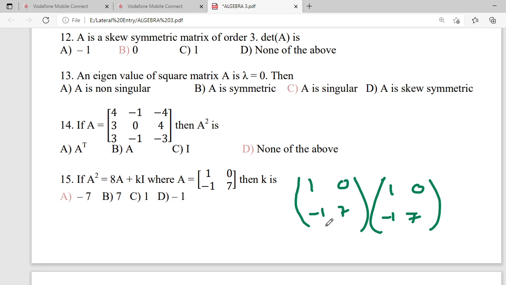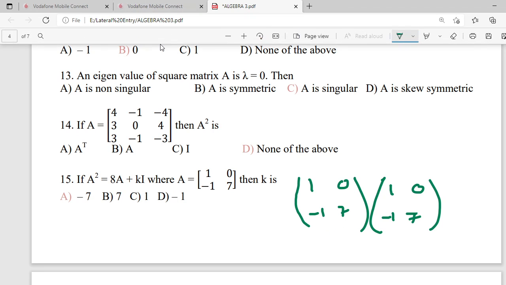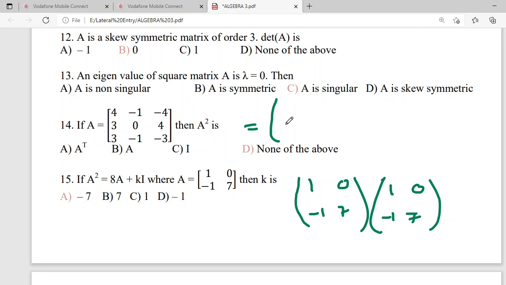So what will A squared be here? First element is 1 into 1, so 1. Second element is 1 into 0 plus 0 into 7, so 0.